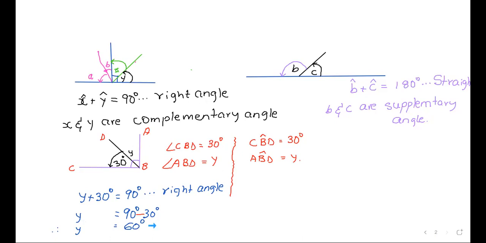Now we are going to have a look at supplementary angles as well. We have that and that, and we name those angles there.